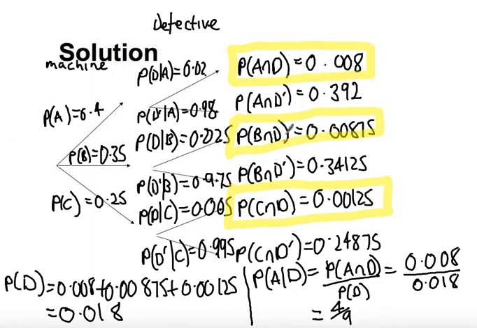Here's where I've used Bayes' theorem: the probability of it being defective is the probability of A times the probability of D given A. The probability of it being defective is the probability of B times the probability of it being defective given it's from B, and so on.